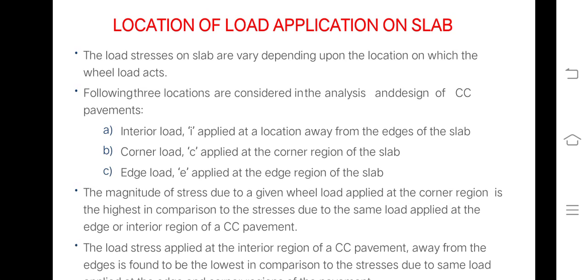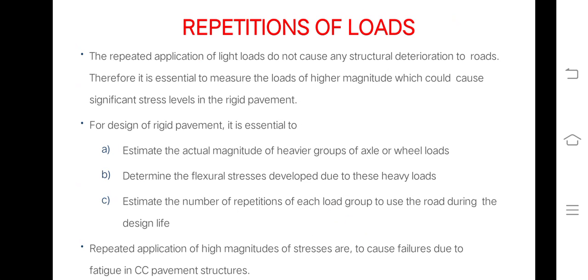The load stress applied at the interior region of a cement concrete pavement, away from the edge, is found to be lowest in comparison to the stress due to the same load at the edges or corner region. Repetition of the loads.